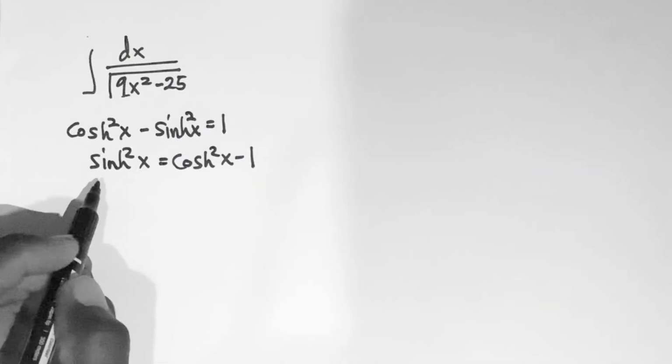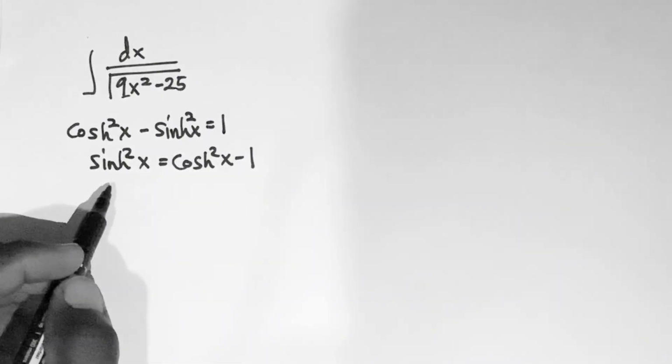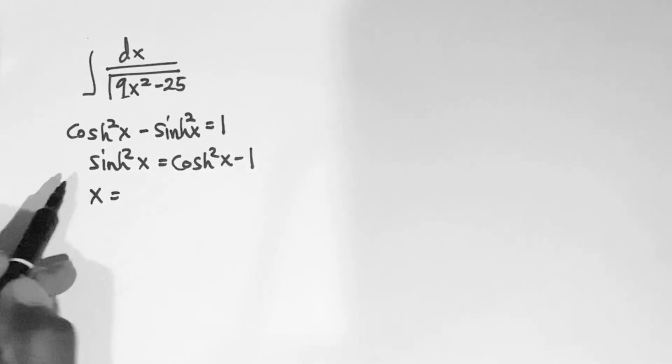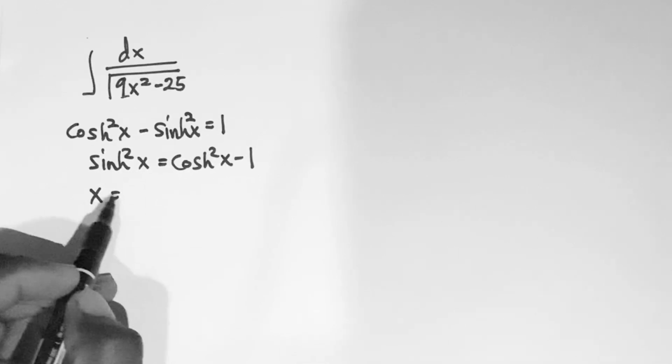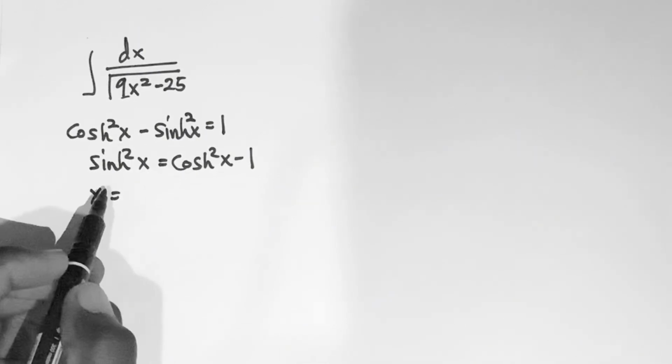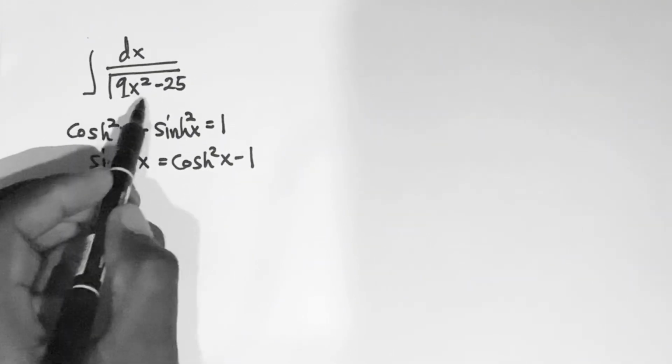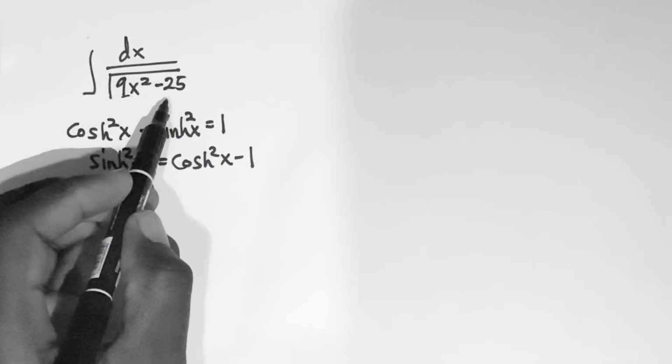So what we will do is say that we should let x be equal to, now you see that when we square 3 it is 9, and when we square 5 it is 25.